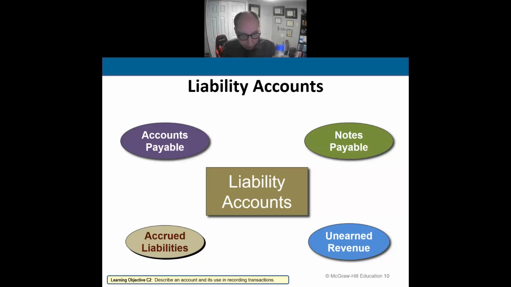So if I sell bottles of water, when I make the sale, the customer pays me with cash, or they'll put it on their account receivable, meaning they'll pay me later. That's fine. That's earned revenue. Remember, it's earned when the customer has received the good or the service. That's when revenue becomes earned.